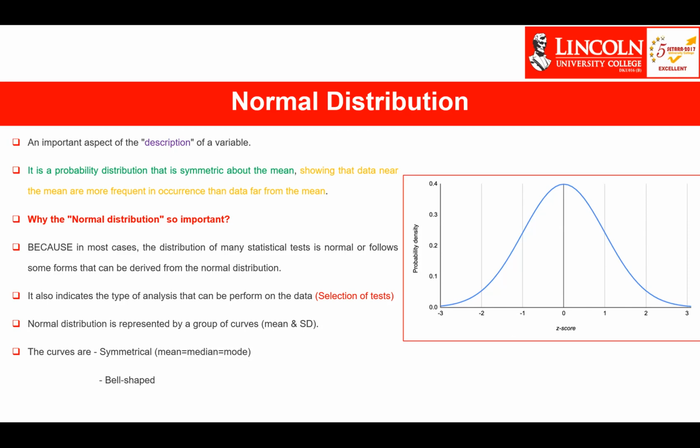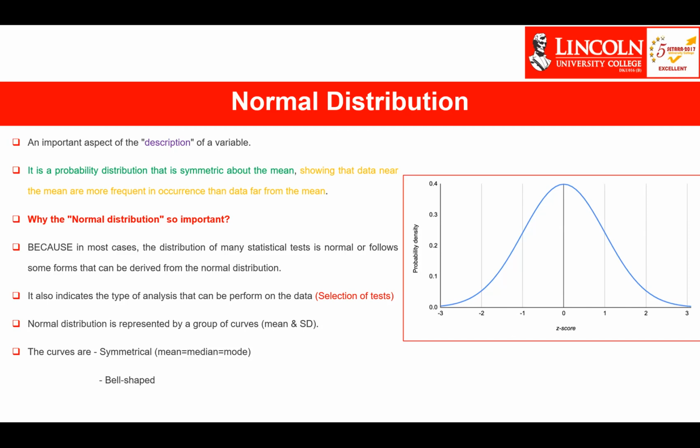Now, an important aspect of the description of a variable is a normal distribution. It is a probability distribution that is symmetric about the mean, showing that data near the mean are more frequent in occurrence than data far from the mean. Why is the normal distribution so important? Because in most cases, the distribution of many statistical tests is normal, or follows some form that can be derived from the normal distribution. So it also indicates the types of analysis that can be performed on the data.